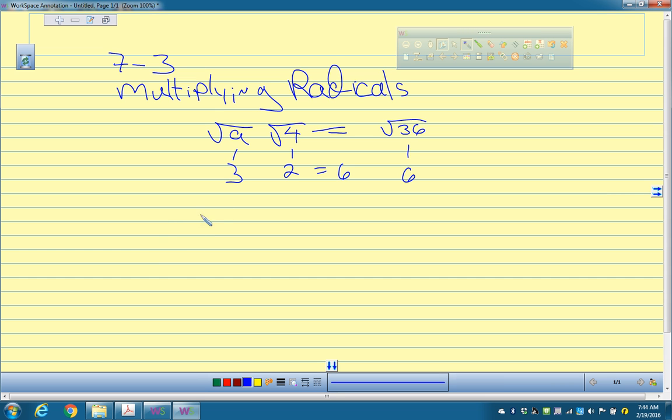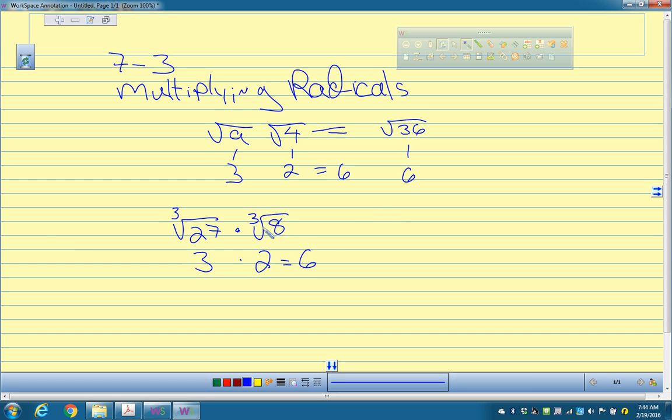You can do the same thing with cube roots, okay? The cube root of 27 times the cube root of 8. What's the cube root of 27? Do you guys know? 3. What's the cube root of 8? 2. What's 3 times 2? 6. The answer is always 6. No, it's not really.